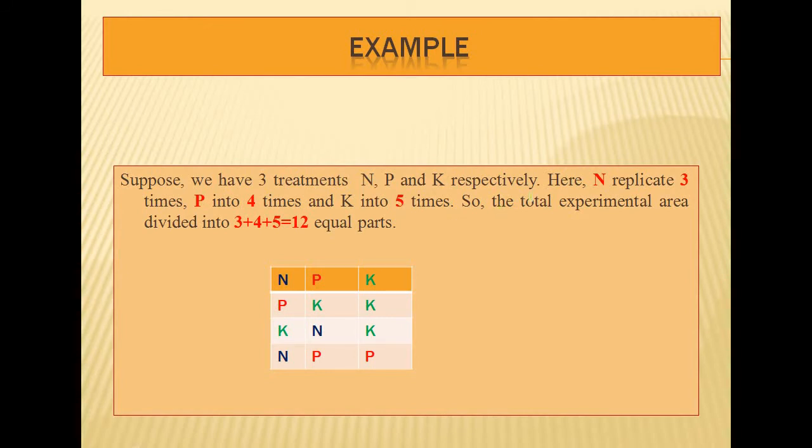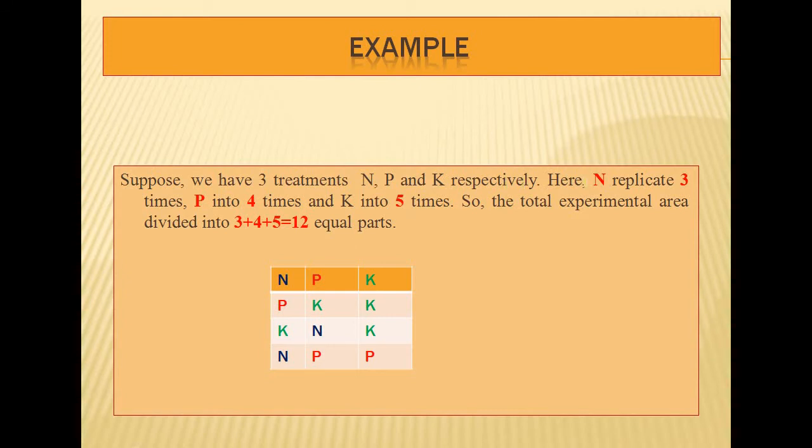So the total experimental area is divided into 3 plus 4 plus 5 equal to 12 equal parts. So see, at first the whole experimental area is divided into 12 equal parts.